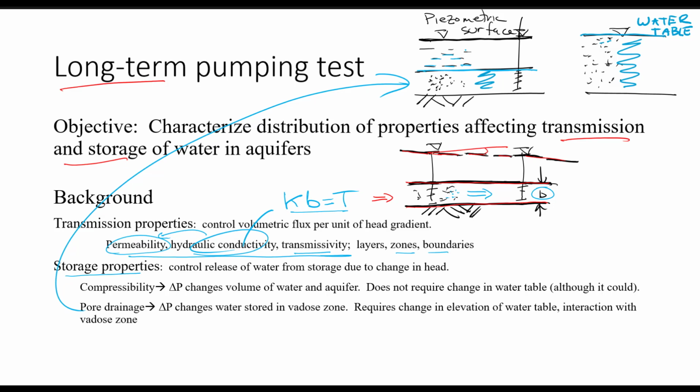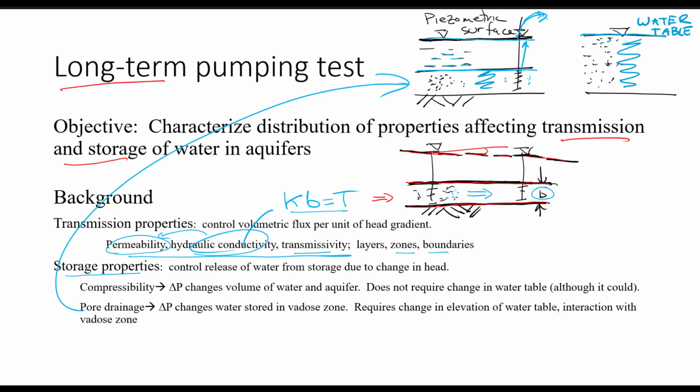If we have a piezometric surface up here, the height of this surface is a measure of the pressure of the water in this aquifer. So if we pump some water out or somehow otherwise drop the pressure, then the aquifer will be compressed and the water will expand. So dropping the pressure will release water from storage due to these two compressibility effects.